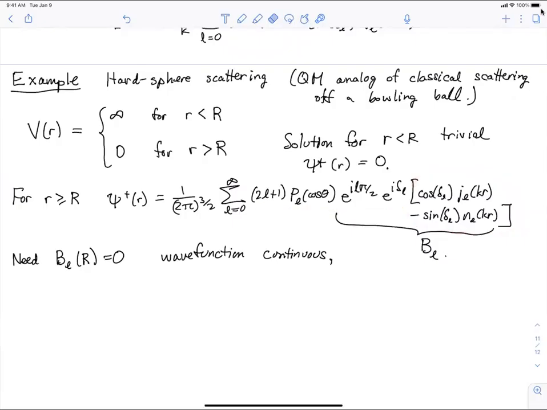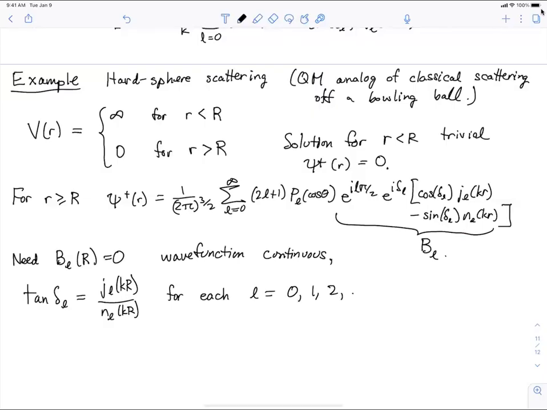And the only way that can happen is if tangent of the phase shift is equal to j_L of kR over n_L of kR. Okay, and that has to be true for each partial wave. For each of L equals 0, 1, 2, etc. If it's L equals 0, you say you're doing S wave scattering. If L equals 1, you say you're doing P wave scattering, etc.